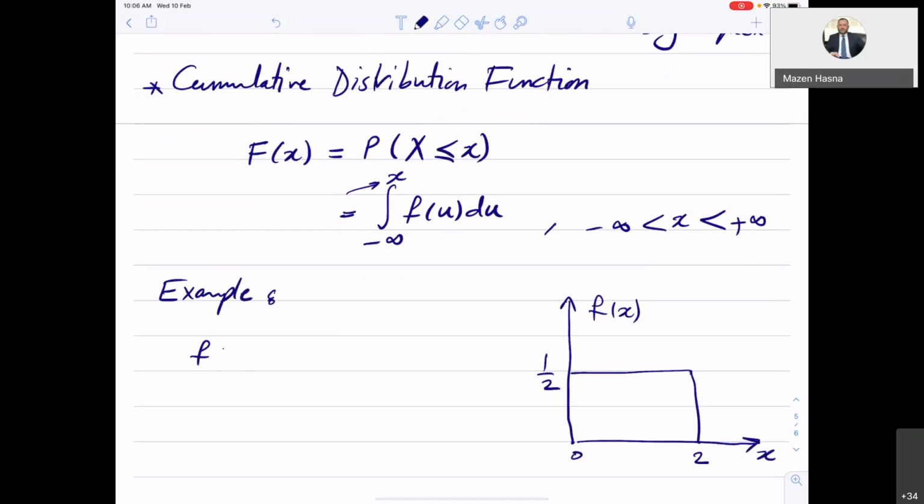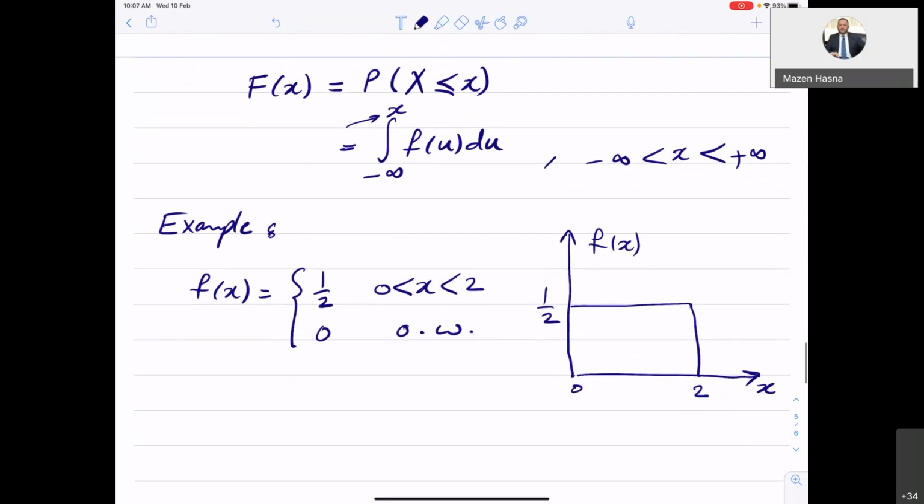So f of x equals 1/2 when x is between 0 and 2, and 0 otherwise. And I'm asking you to find capital F of x.